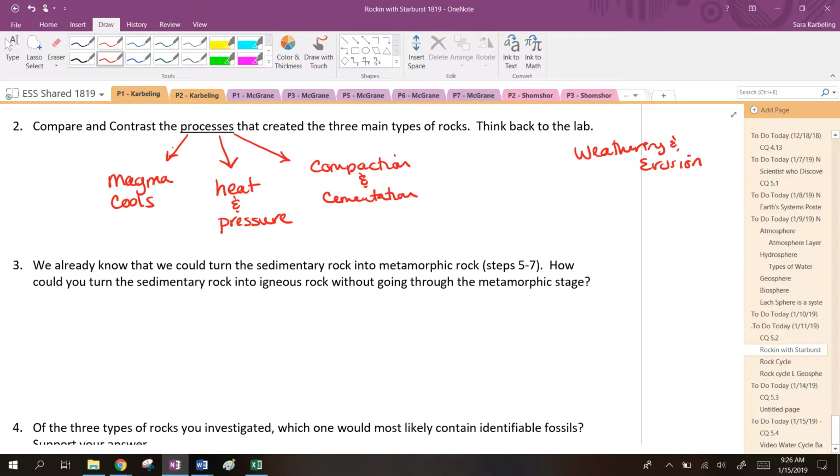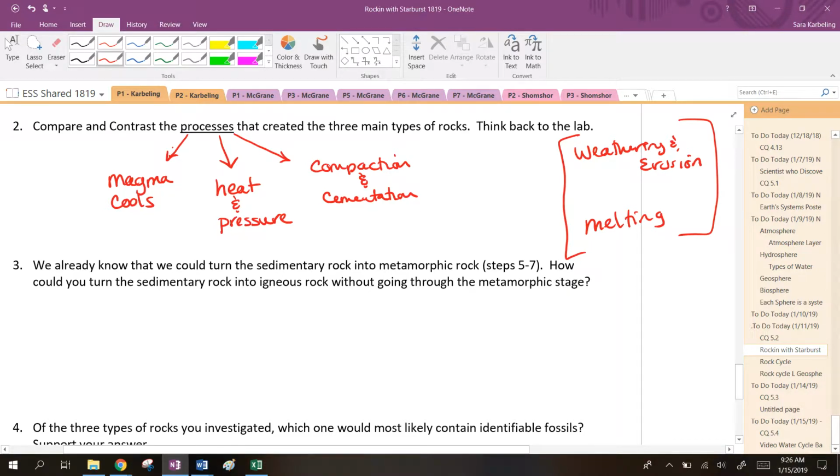Breaks them apart? And what's the other type that can break down rock? Melting. So these do not create rocks. These get rid of rocks.